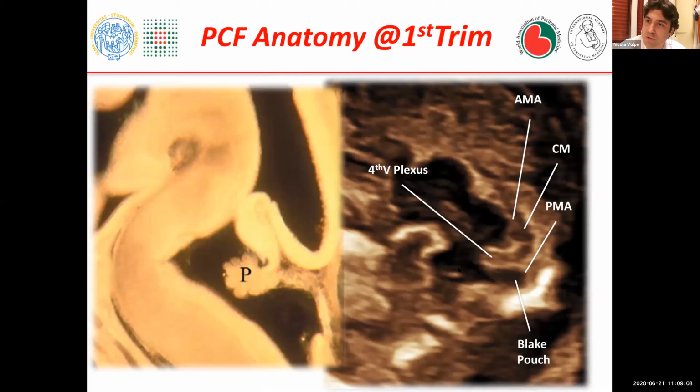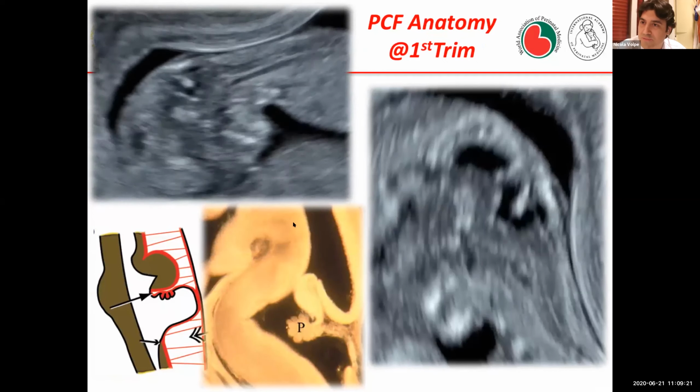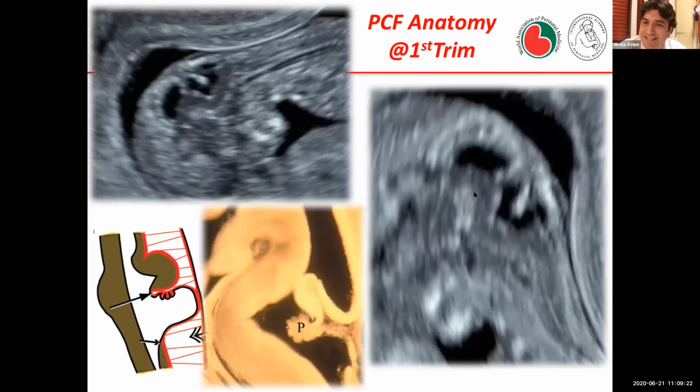And if we look through the posterior fontanelle of the baby, we can actually see the aqueduct, the obex, the plexus, the Blake pouch. If we go transvaginally, we can see even more, a lot more details.